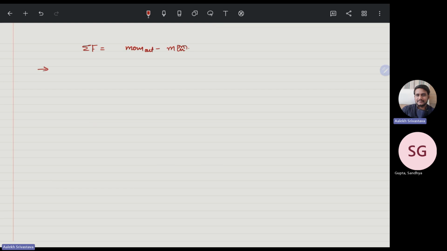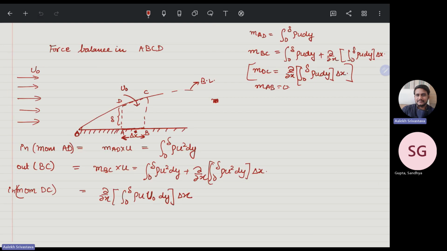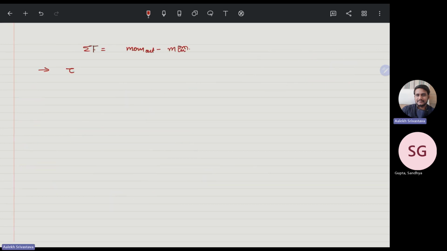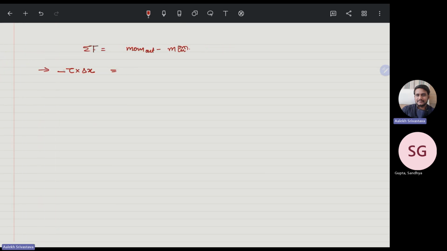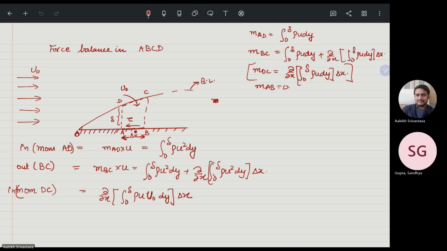Now, what is the summation of forces? You have a drag force in the backward direction, tau, so we will say tau into delta x, because perpendicular to the depth we are taking as unity. This force should be in the negative direction because the flow is happening toward the back side.